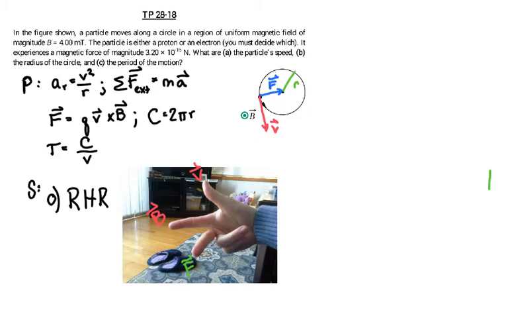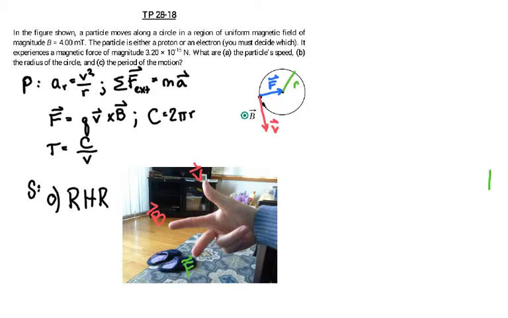So I want you to do the right-hand rule on the drawing that we have shown on the diagram. So put your fingers in all the right directions and let me know what direction your middle finger points. Did you notice that your middle finger is not pointing in the direction of our force vector on our diagram? That should tell you that we are working with an electron.